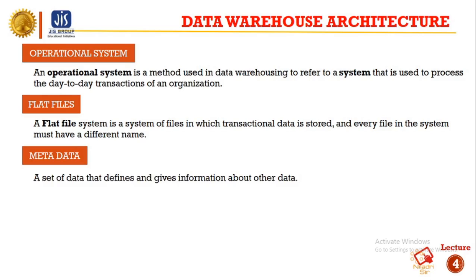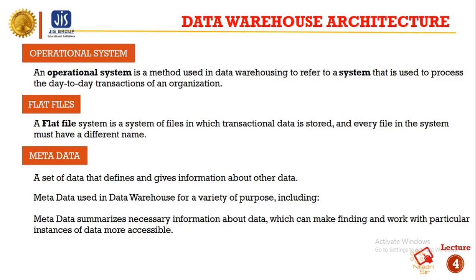What is metadata? A set of data that defines and gives information about other data. Metadata is used in the data warehouse for a variety of purposes, including summarizing necessary information about data, which can make finding and working with particular instances of data more accessible.